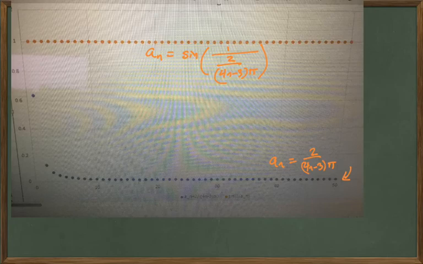Now if we take the sine of the reciprocal of that sequence, notice that the output is constantly 1. It's always 1. Maybe we should call this b sub n just so we can distinguish them. So we're going to have infinitely many of the b sub n be at height 1.